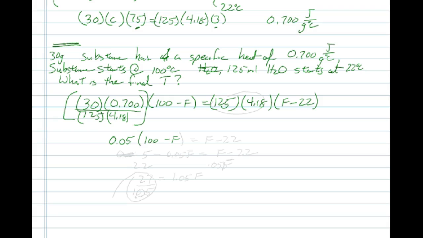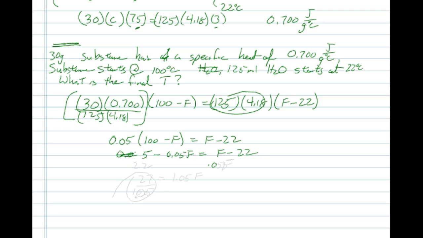100 minus F equals F minus 22. So what we did was we got rid of this and moved it over there. Now you distribute: 0.05 times 100 is 5 minus 0.05 F equals F minus 22.